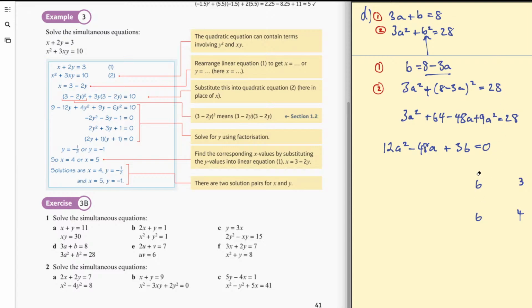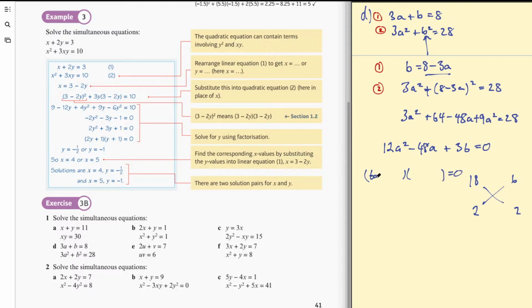So that's not going to work. What if I do 18 and 2? And then what if I do 2 and 6? 36 plus 12, that's 48. And then if they're both negatives, this will work. So I can factorize it.